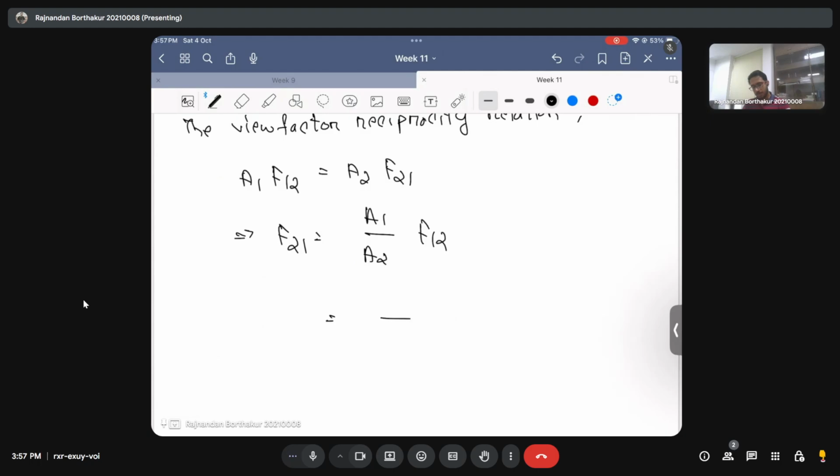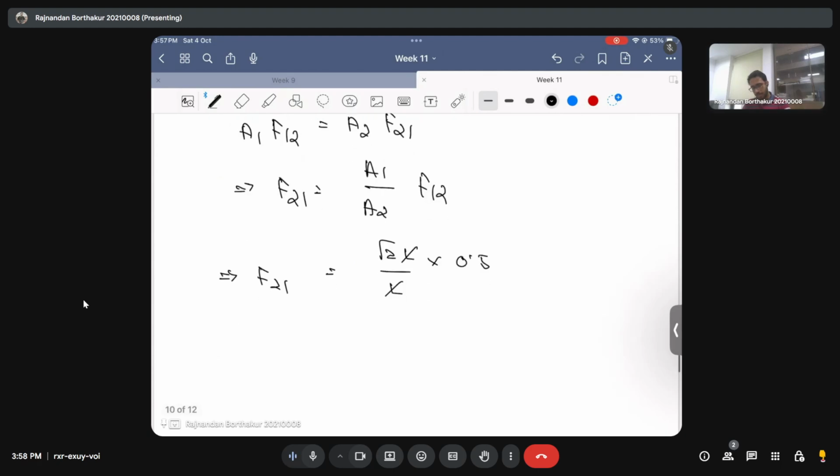my A2 will simply be equal to root 2 L times B, which is 1, so we can discard this B, and this is just root 2 L, and A1 is L, and F12 is equal to 0.5, which means my F21 is equal to 0.5 divided by root 2, and if you do this, you'll get it to be around 0.71.